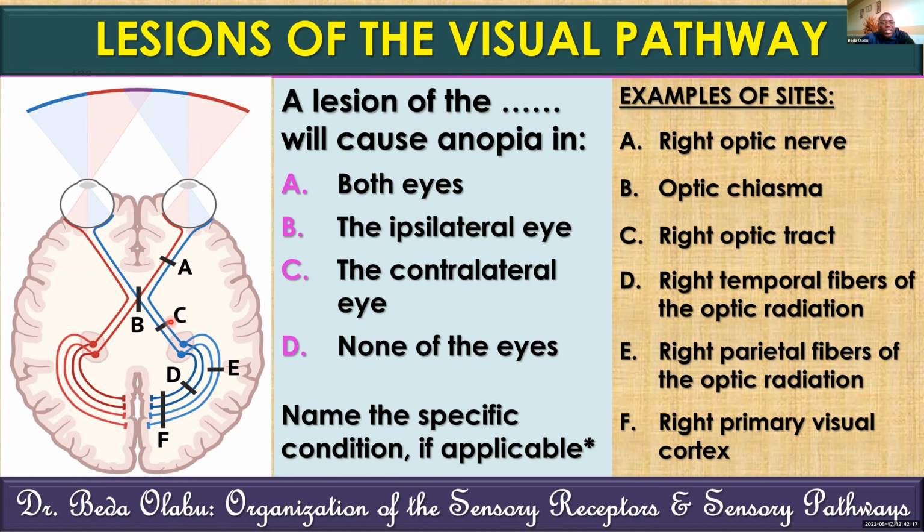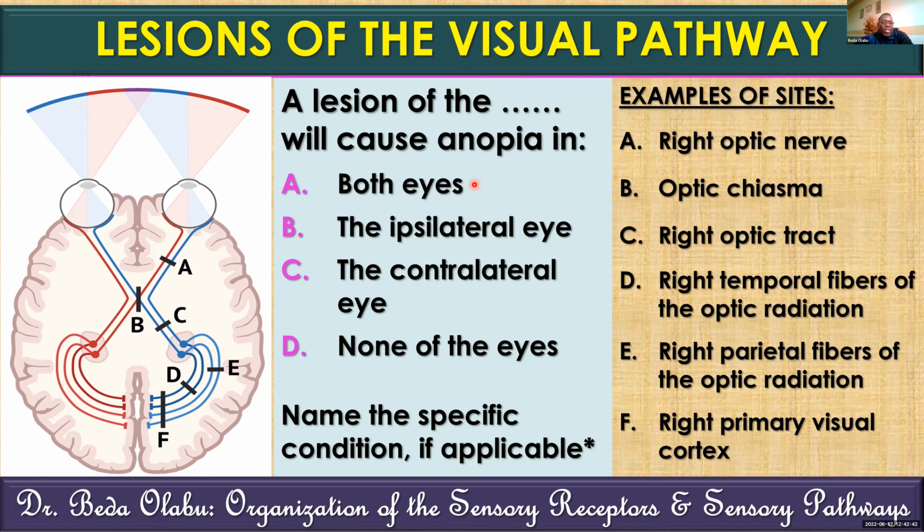Let's try one last one. Injury at the region labeled C. We are affecting the right optic tract. The right optic tract carries information from the right eye and also information from the left eye. And so if I injure the optic tract, I will affect both eyes as well.